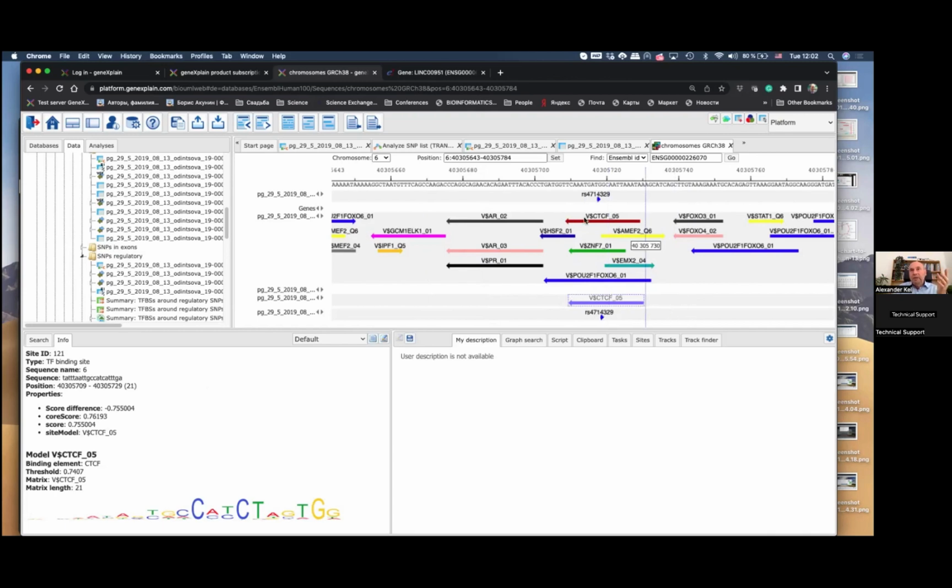And you also see these CTCF sites are very important in general. They are overrepresented in those regions of our interest. And by the way, CTCF is a very important factor. It's a factor of the organization of chromatin, so-called insulators.